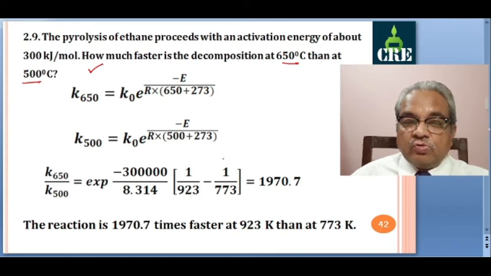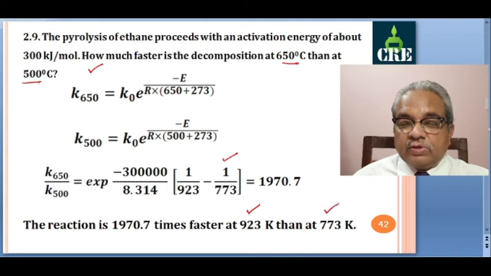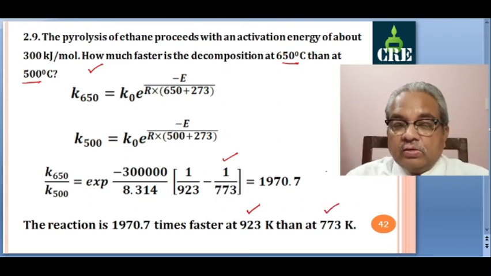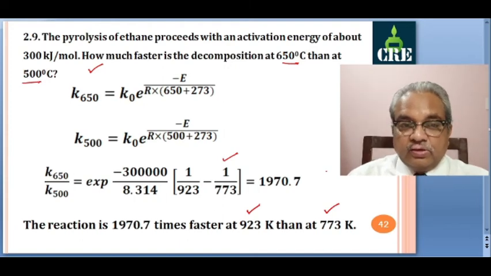Temperature always you have to take in Kelvin. If you solve this, it is 1970.7, so approximately 1971 times. So the reaction is 1970.7 times faster at 923 Kelvin than at 773 Kelvin, or faster at 650 than at 500 degrees Celsius.